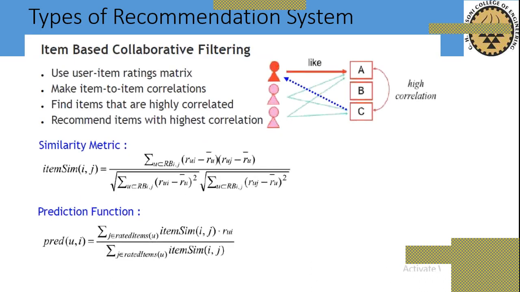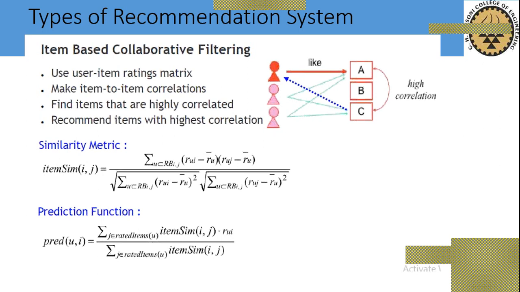The second type of collaborative filtering is called item-based collaborative filtering. In the previous one we saw user-based, where the user is most important, and in item-based collaborative filtering, the item is important. Here the first step is again the same, that is a user-item matrix.